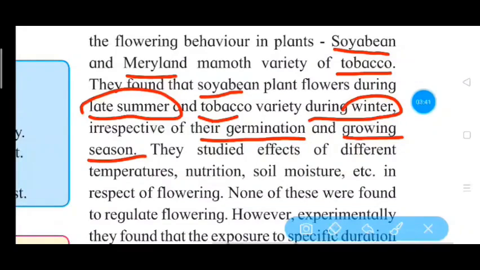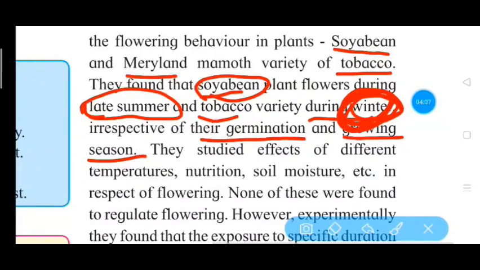The soybean shows flowering during late summer when light intensity is very low, and the tobacco variety shows flowering during the winter only, when the temperature is very low.